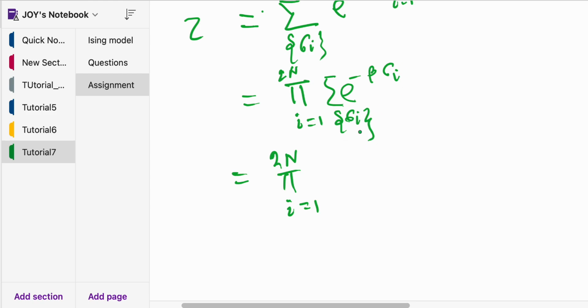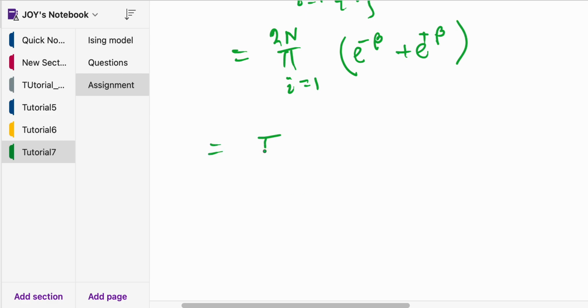So if sigma i takes plus 1, it will become minus beta, and if it takes minus 1, it will be plus beta. It does not depend on i, so we can write it simply as e to the power minus beta plus e to the power plus beta, to the power 2n.